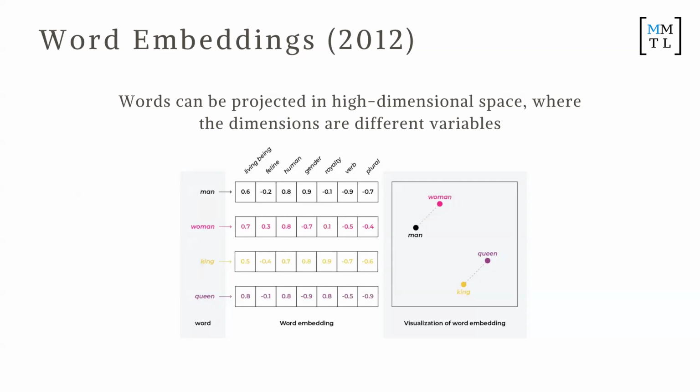In this 2D example, man is here, woman is here, king is here, and queen is here. If you think of analogies, like man is to woman as king is to queen, there is a fundamental conceptual relationship between these words that can be captured in this space. Does that make sense?